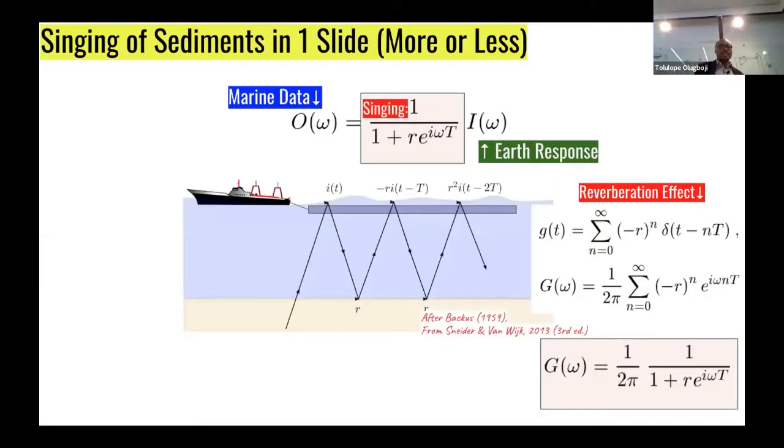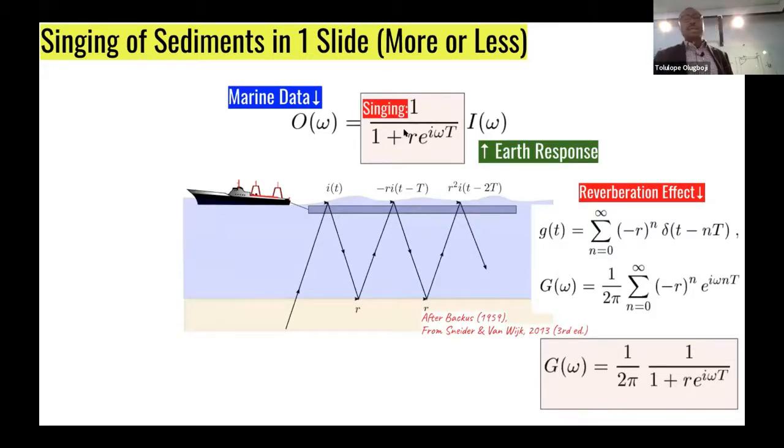So, this is the singing of sediments in one slide, more or less. You've got an incoming earthquake that's got the source signature and the earth response convolved into it. You however observe the marine data on your seismograph. But what has happened is that the earth has modulated that earth response with this particular filter.